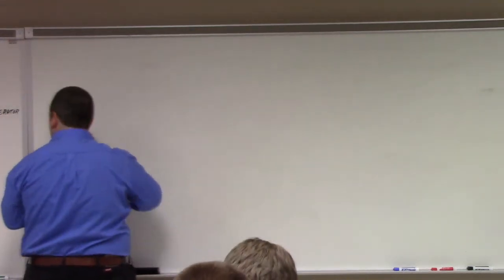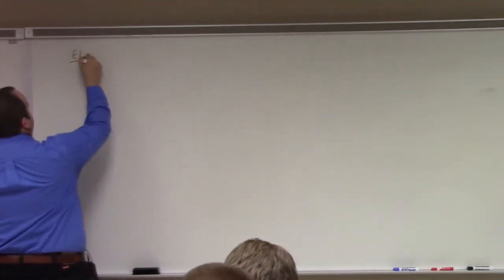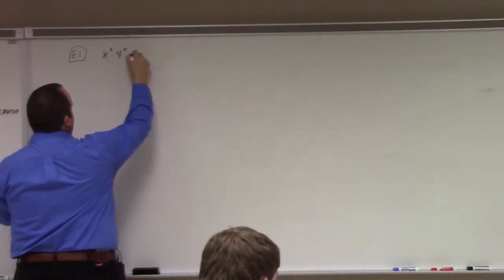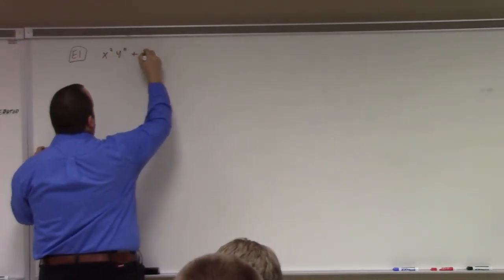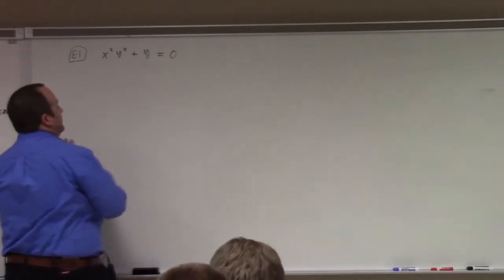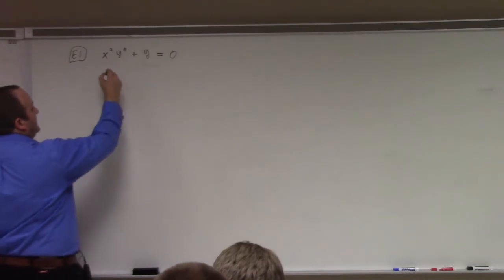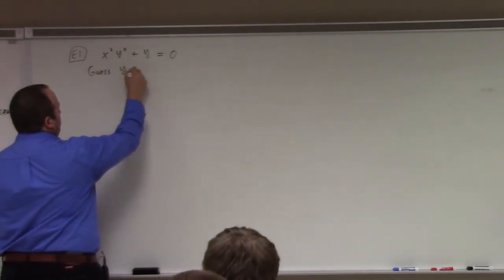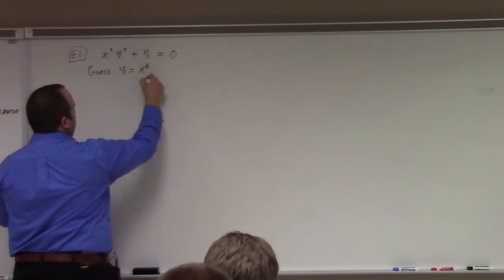Example 1. How about this? x squared y prime prime plus y equals 0. Okay, so let's write down the characteristic equation, which in this case is, we guess y equals x to the r, see where that takes us.